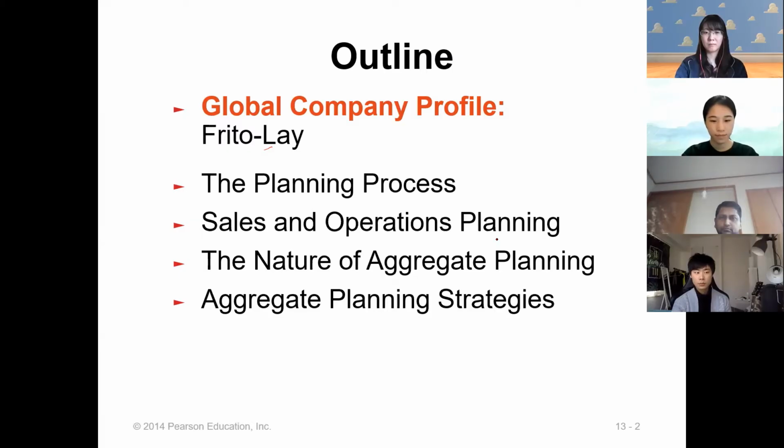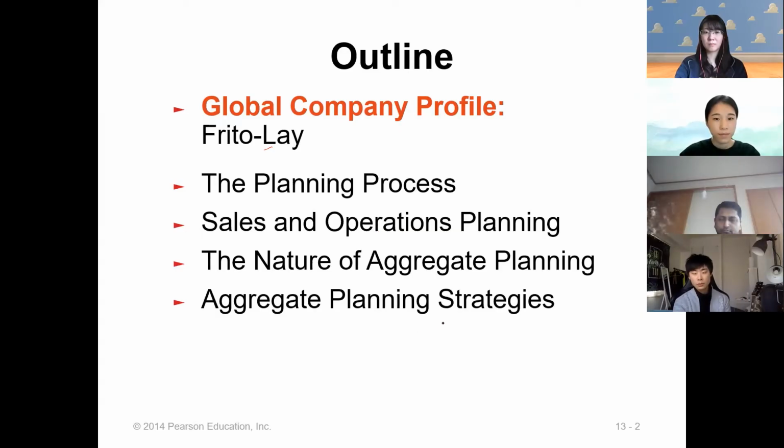Some of the things that we're going to cover are the planning process, long term, intermediate term, and short term, and how it relates to sales and operations planning. There are related activities in sales and operations planning. We look at what aggregate planning is, because I think you need to understand the concept of aggregate planning first. What do we mean by aggregate planning?